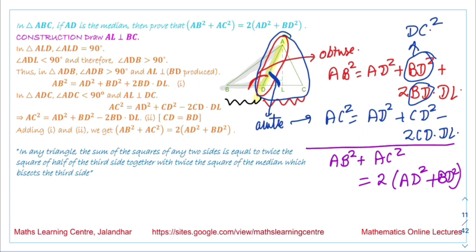This BD is equal to CD. So both these terms, 2 times CD into DL and 2 times CD into DL, get cancelled out, and for the terms BD square and BD square, we are getting BD square. So we get the final answer in the form that AB square plus AC square is equal to 2 times AD square plus BD square.